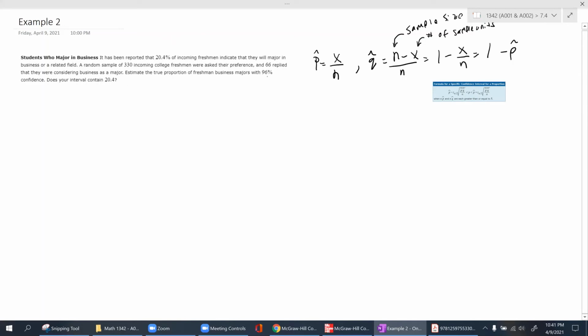Oh, right here, my 96% confidence. My first step is turning this percent into a decimal, which gives me 0.96. You're going to follow all these steps just like before, and for your step 5 you should get z alpha over 2 is equal to 2.05.